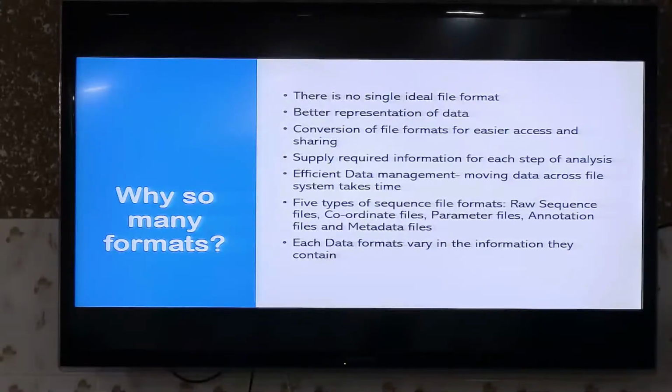Right? It supplies required information for each step of analysis. What I mean by that is, on the basis of the extension, and I am particular here about bioinformatics analysis, you will come to know which stage you are at in the pipeline of your analysis. Meaning that if I give you two files, one file having the extension FastQ and the second file having the extension VCF, by looking at the extension you can know that FastQ is our raw file and VCF is our final file.